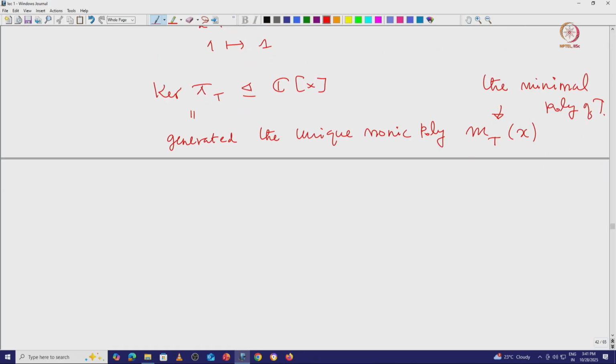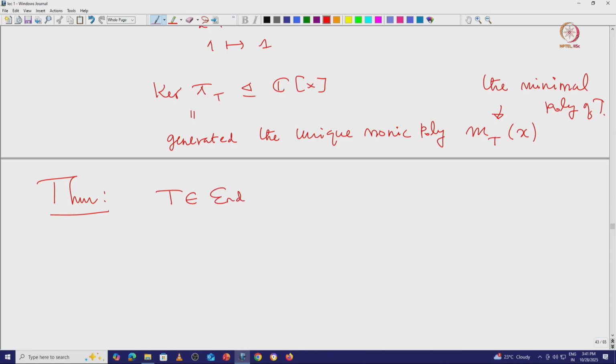And the importance of this minimal polynomial is that you can characterize the diagonalizable operators, or the semi-simple operators, by having distinct roots for the minimal polynomial. So, here is the big theorem, maybe I will outline the proof of this theorem.